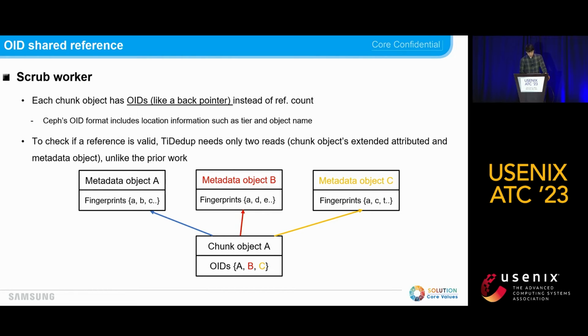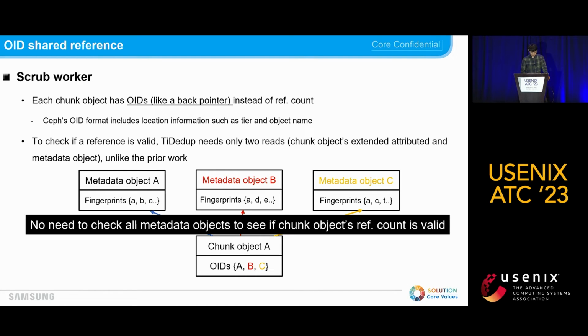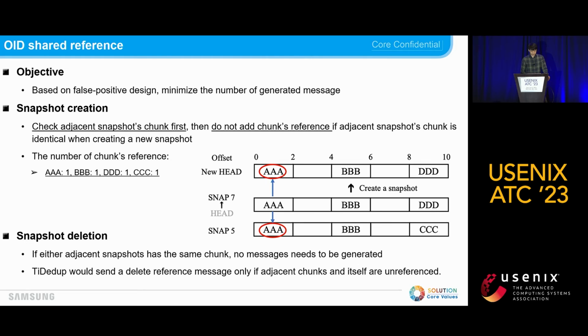So as shown in this example, if we read chunk object A, TiDedup is able to know which metadata object must have a reference for chunk object A. So TiDedup needs only one additional read for chunk evaluation.